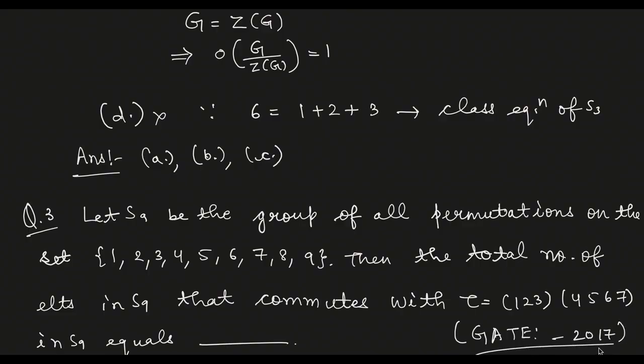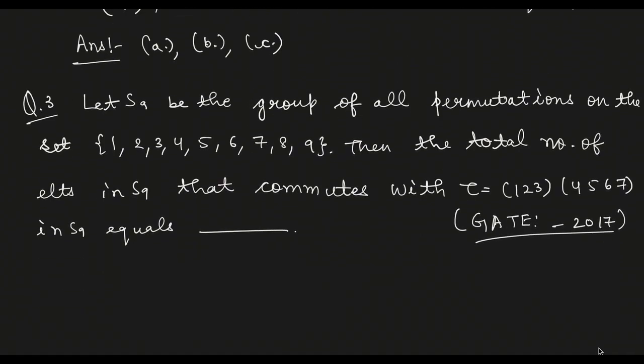Now how to approach these types of questions. We are given a cycle and we are asked the total number of elements in S9 that commute with this tau.